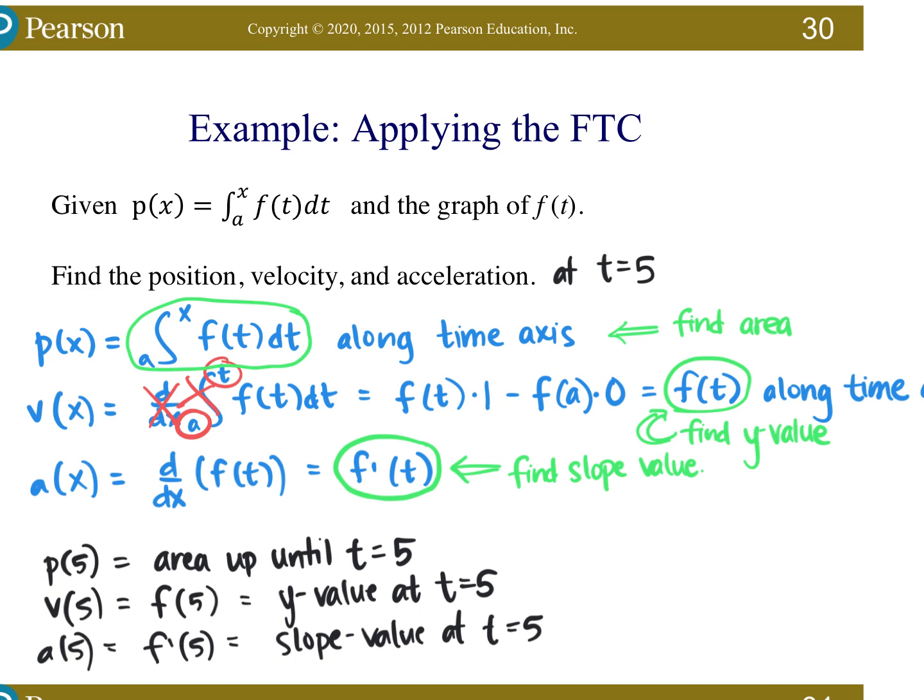So previously, we've said the slope value means the velocity. That's only if position is defined as f, the original function. This time, velocity is the original function, and so the acceleration is the slope value instead.